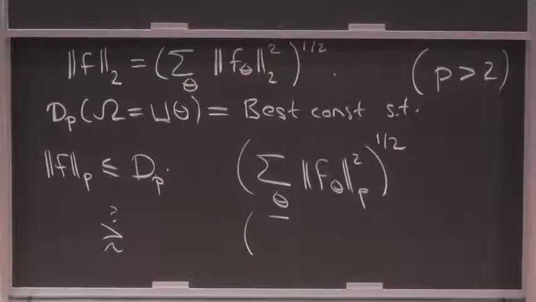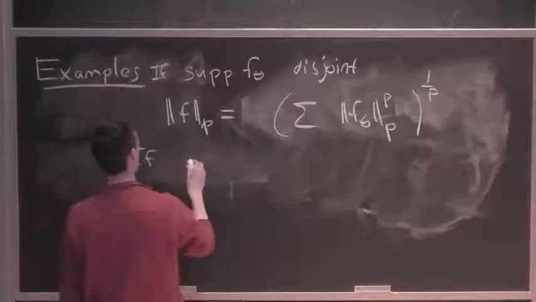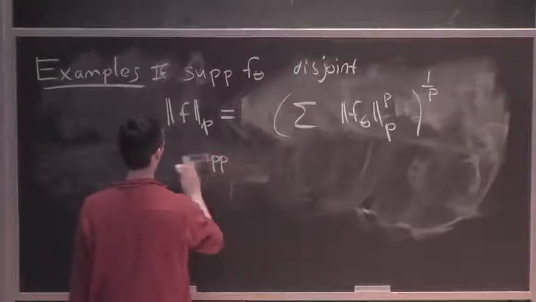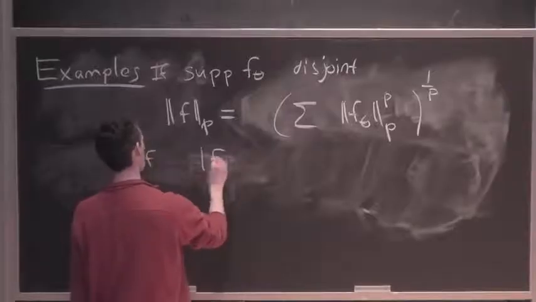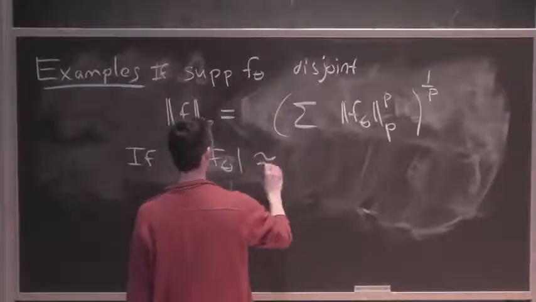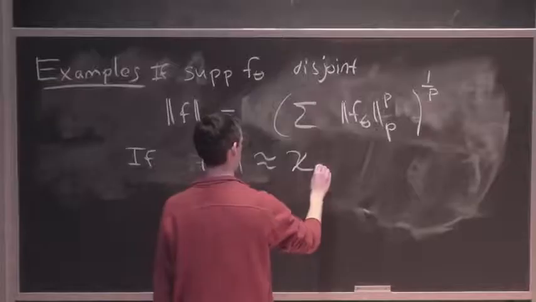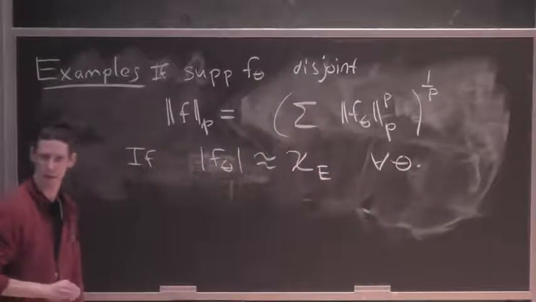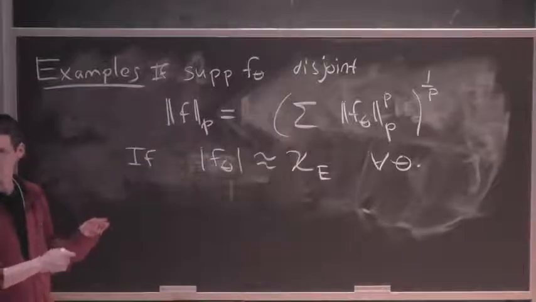OK. The opposite of this scenario is that the supports of f theta are all the same. And in fact, let me say that the norm of f theta is essentially the characteristic function of one set E for all the different thetas. That's the opposite of having disjoint support.